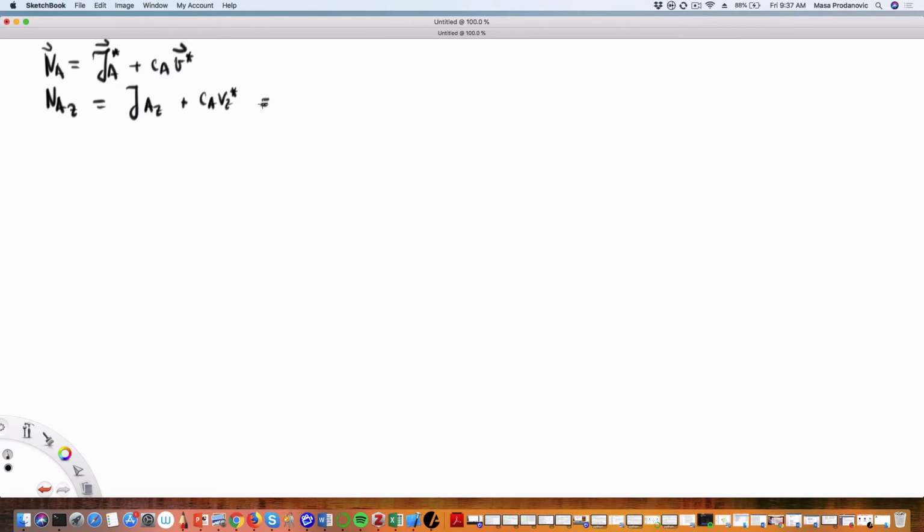So this is going to be minus C DAB of dXA/dZ. And here, I assumed that C DAB is approximately constant.